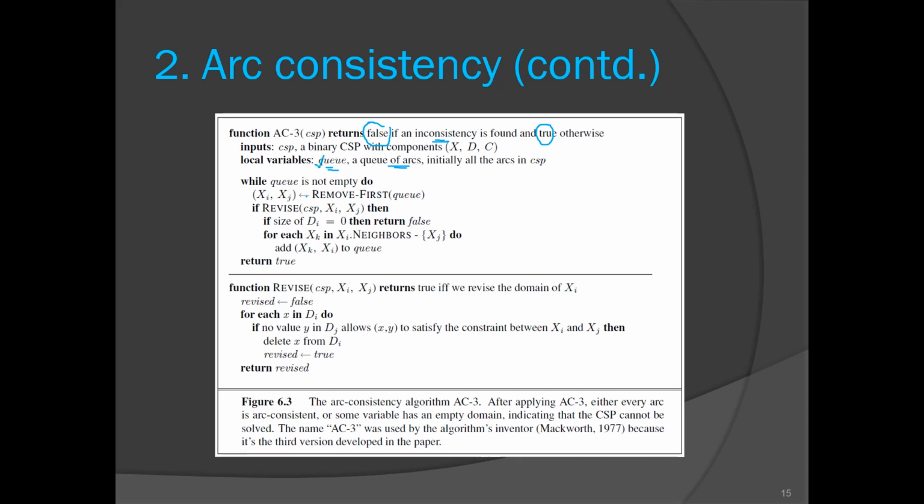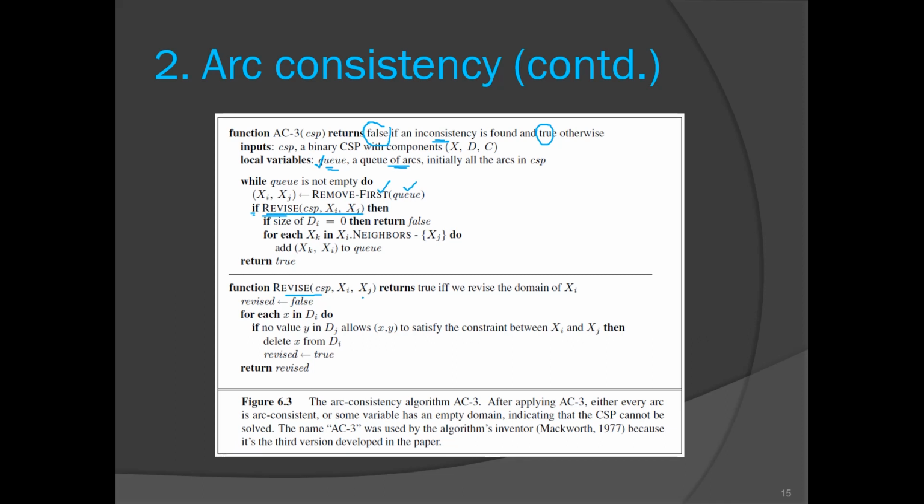While the queue is not empty, do this: first you remove the first pair, represented by xi and xj, from the queue, and then we call the revise method. Now we'll jump to revise. This revise either returns true or false.